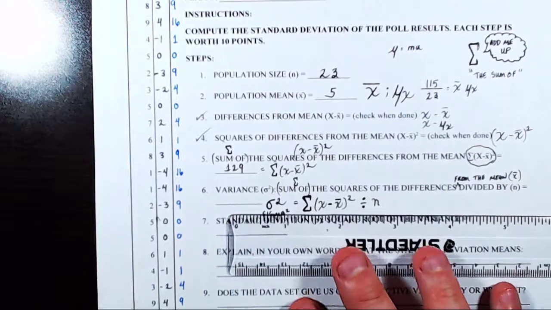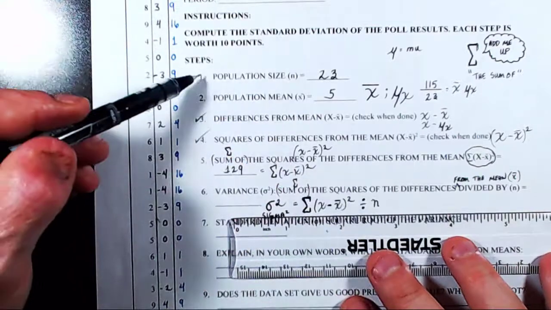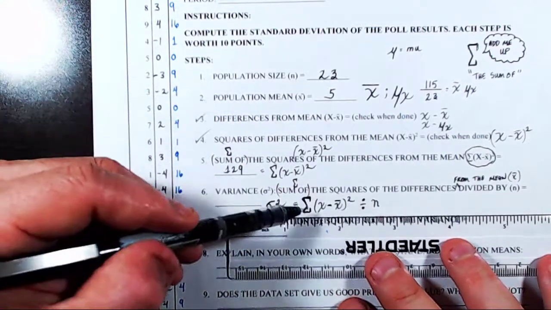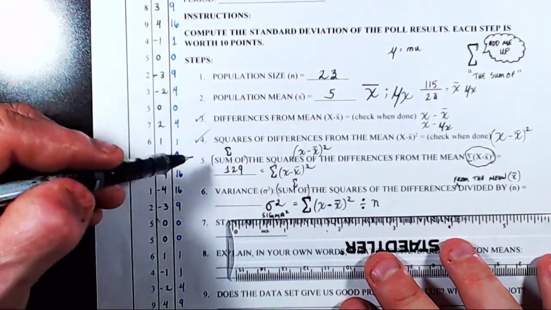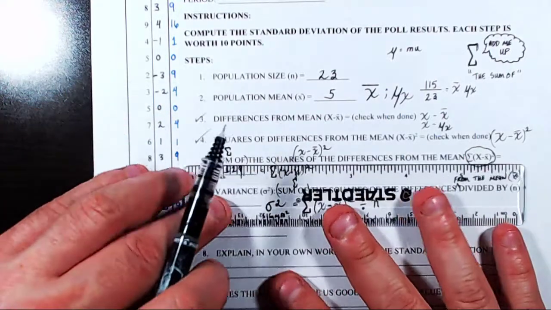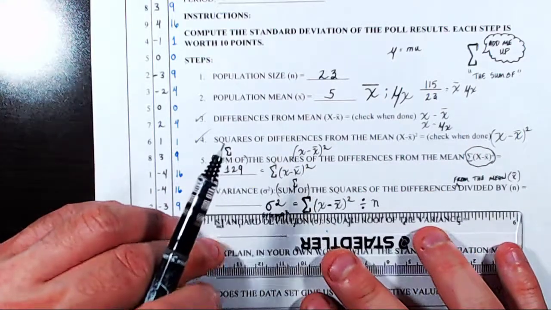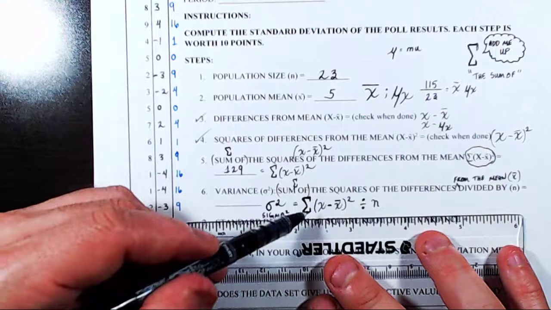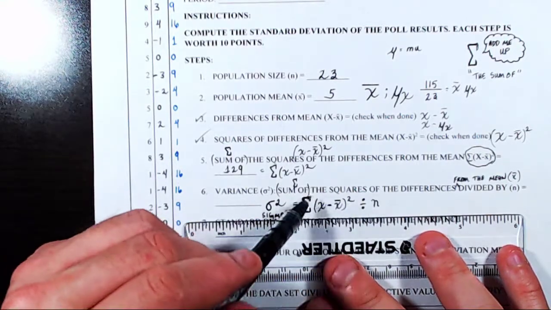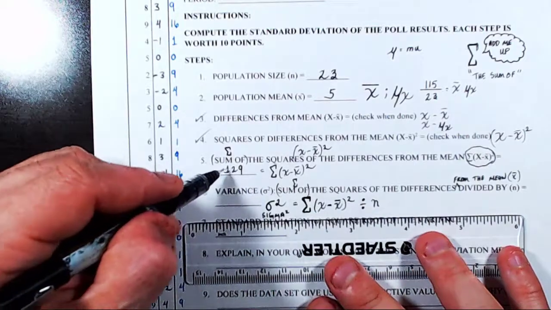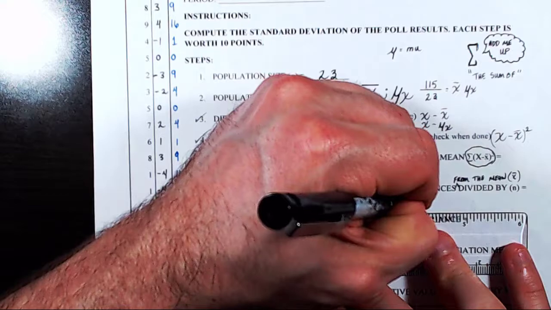That's what it's asking us to do. So we know n from number 1 is 23. And we found the sum of the squared differences from the mean in number 5. So we've got the numerator, and the denominator, a division problem. This is 129.